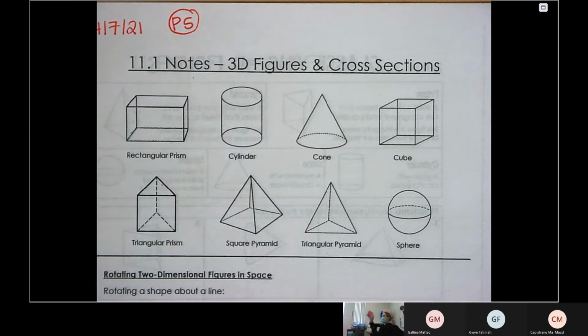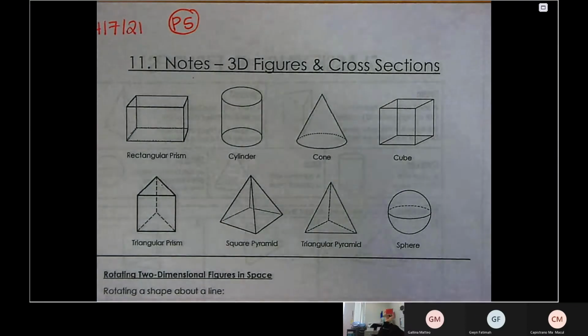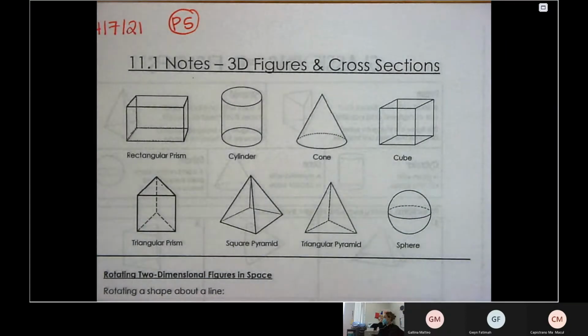Where have you seen a shape like this in the real world? A building. Good. Where else have you seen this? A rectangular prism. Where else do you think you've seen this in the real world? Close your eyes and think for a second. What else would be this shape?